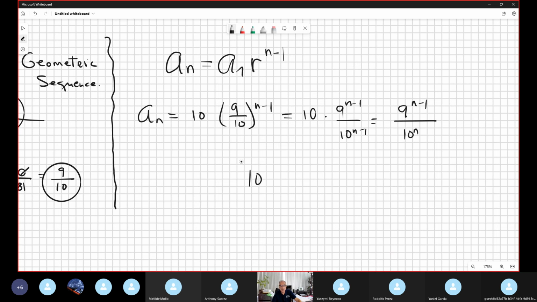Now it is 10 to the 1 divided by 10 to the n minus 1, so you subtract, 10 to the 1 minus n plus 1, so 10 to the 2 minus n. So it's 10 to the minus n plus 2, much better.